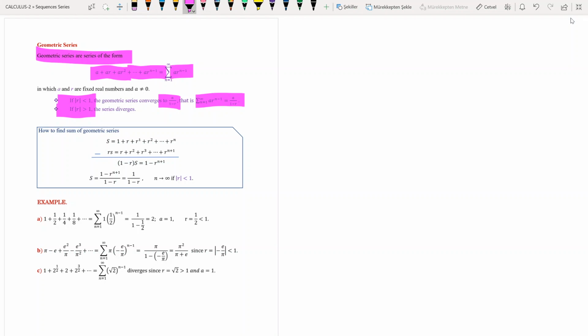So how to find the sum of a geometric series? This question is very important. Let's say a is equal to 1. I want to solve this problem for a equals 1. So in this case we have, for the summation, 1 plus r plus r squared plus r cubed plus, and finally r to the power n.